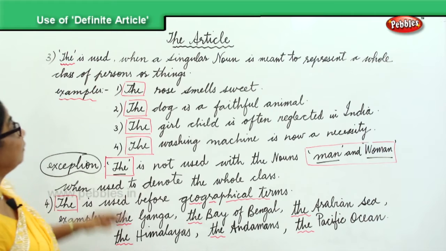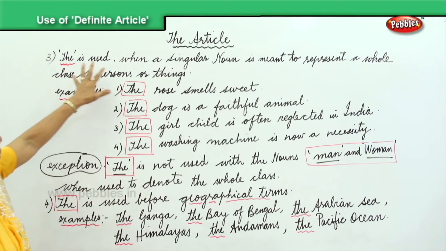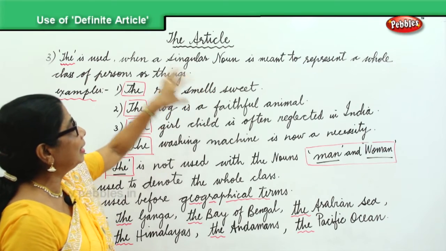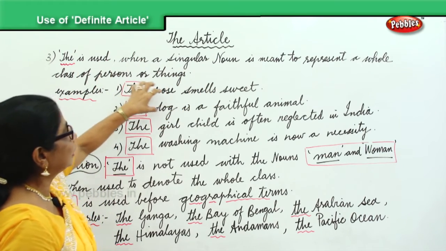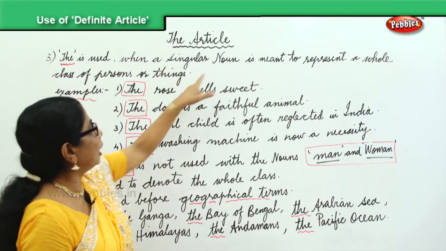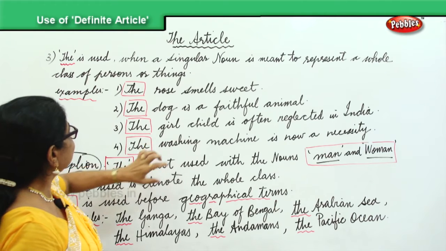Now, we have three types I put up here. First, the is used when a singular noun is meant to represent a whole class of person or thing, that is, the rose, rose, dog, girl, washing machine.